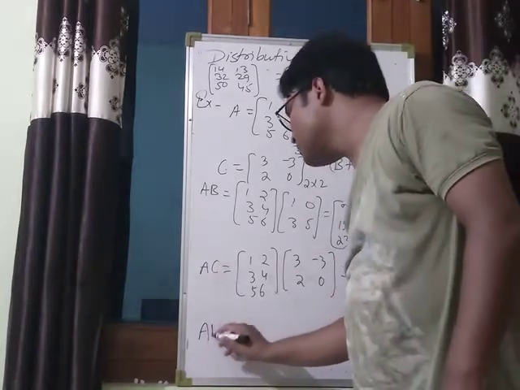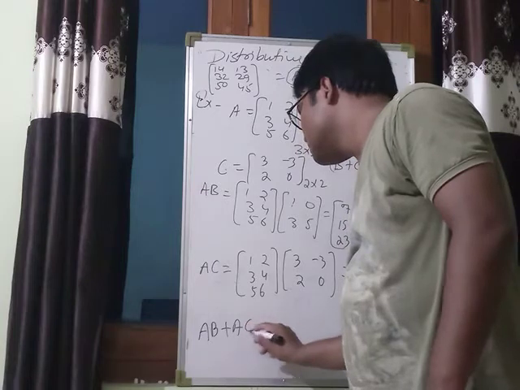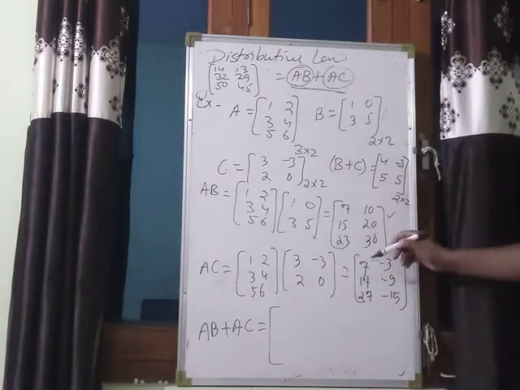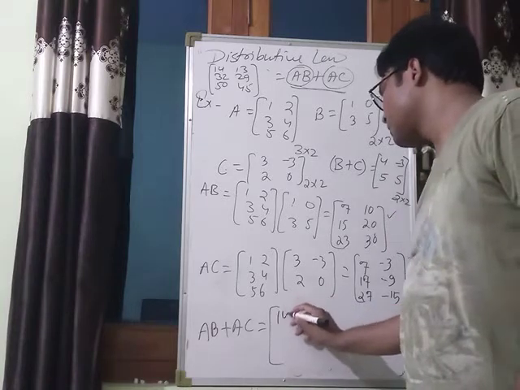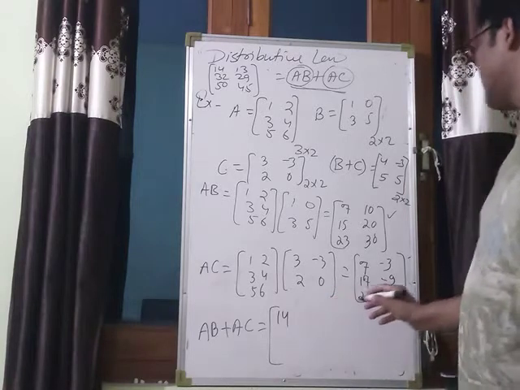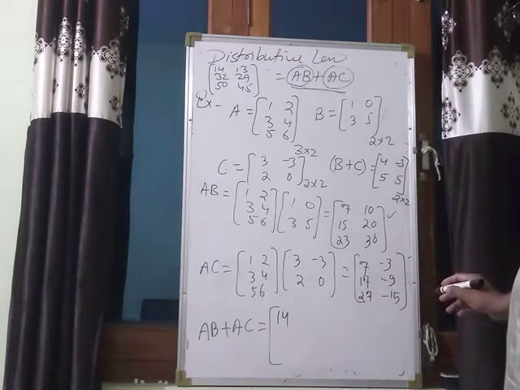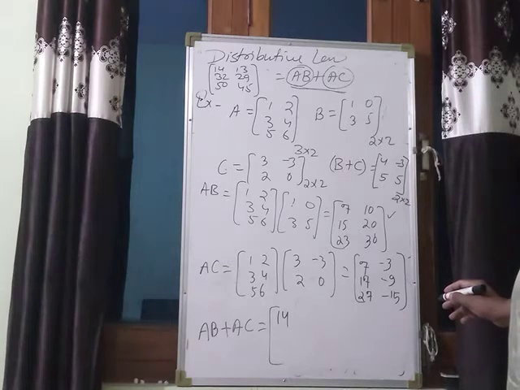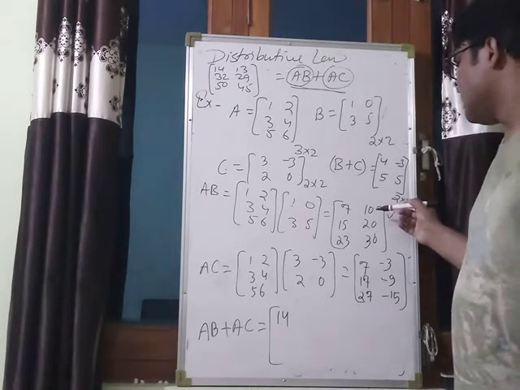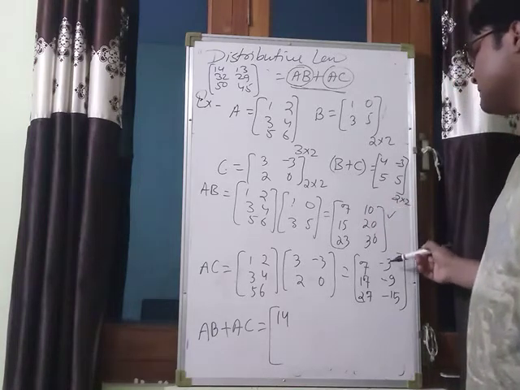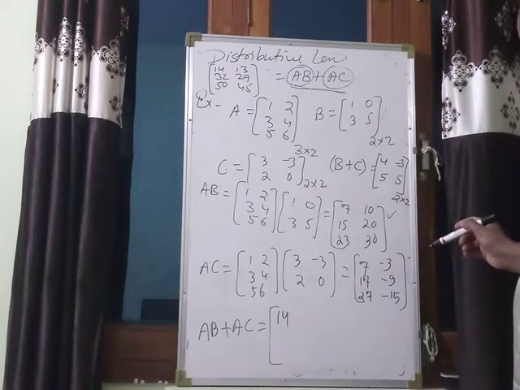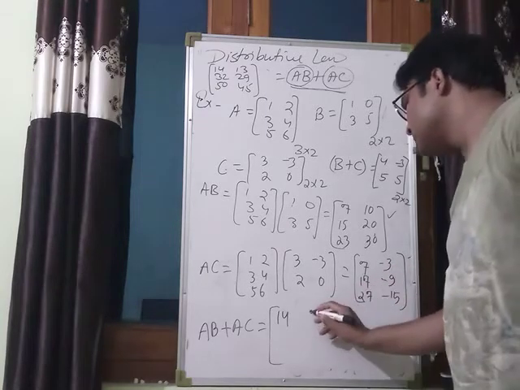So AB plus AC means we have to add their corresponding entries. So 7 plus 7, 14. 10 plus minus 3, that is 7.